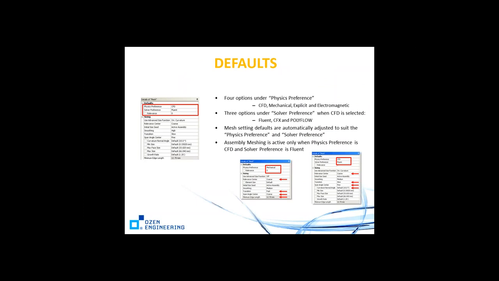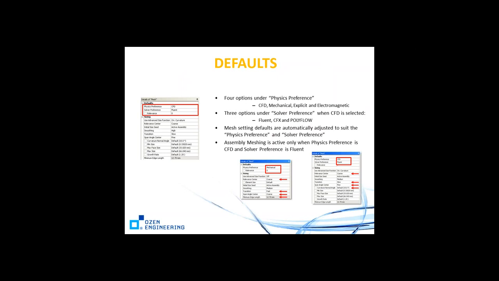The first thing you would pick is really the physics preference. Are you doing a CFD problem, mechanical FEA problem, explicit FEA problem, or electromagnetic? Why? Because there's a difference between meshing methods for CFD or FEA, so you need to tell ANSYS first what you're planning to do with the mesh.